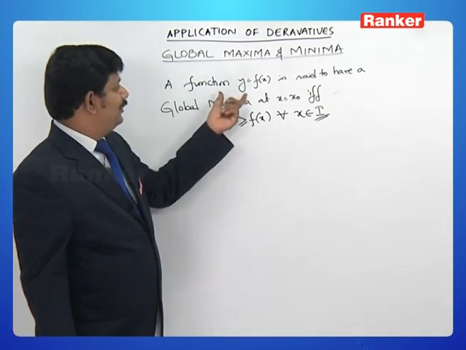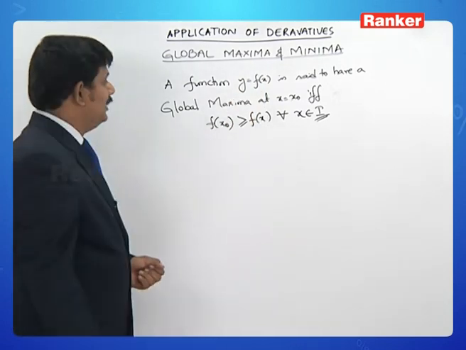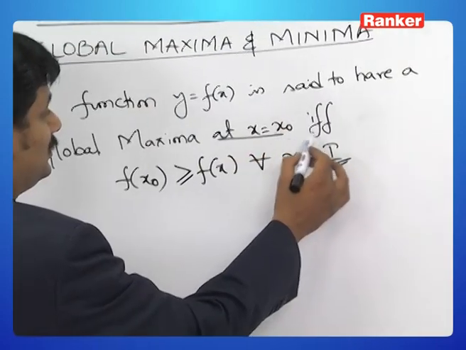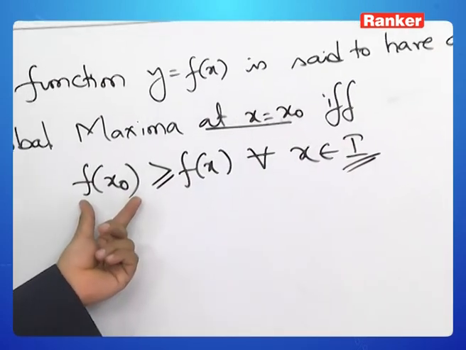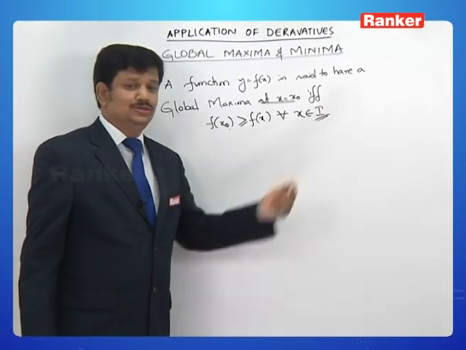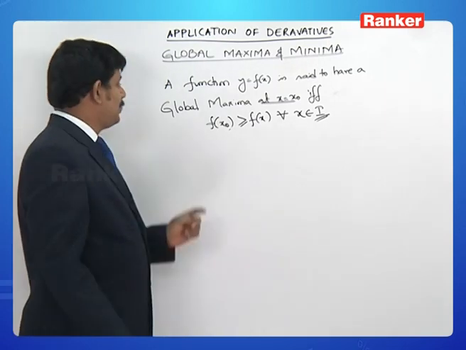A function y equal to f of x is said to have a global maxima in the interval I at the point x equal to x naught if and only if f of x naught is greater than or equal to f of x for all x belonging to I. So the definition is very important here.